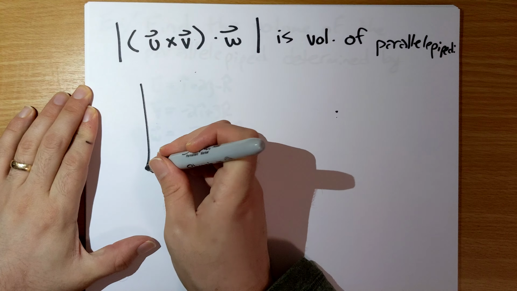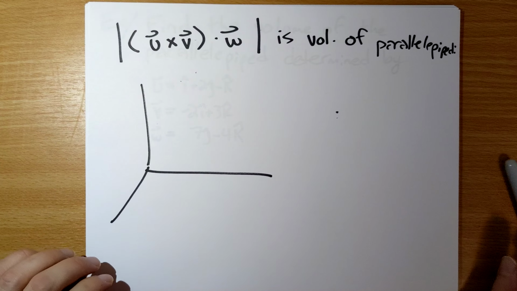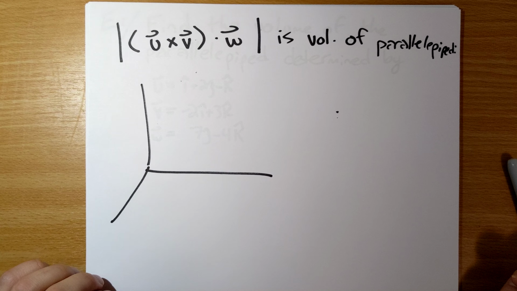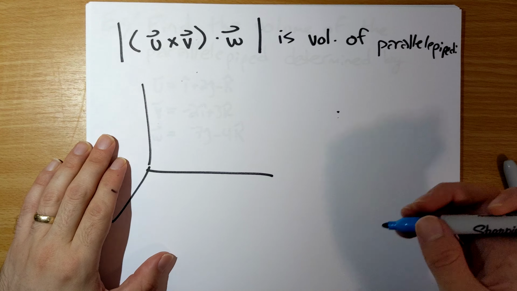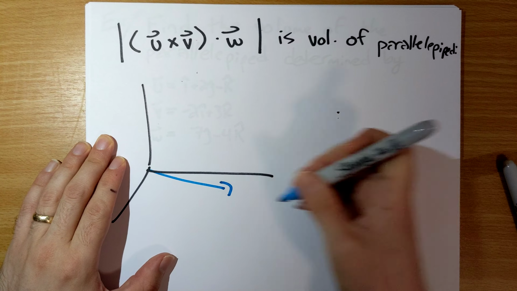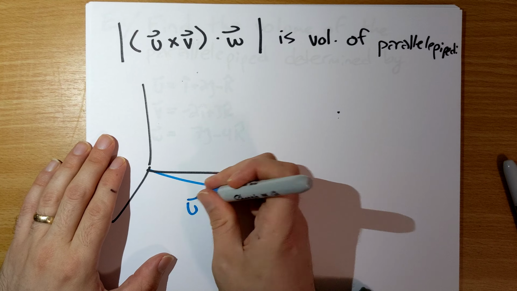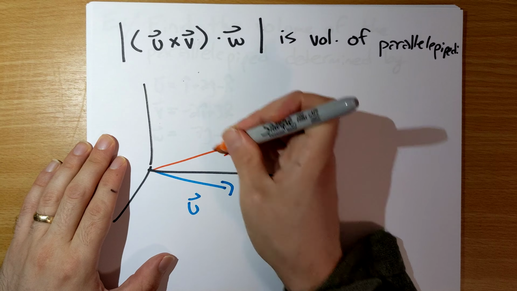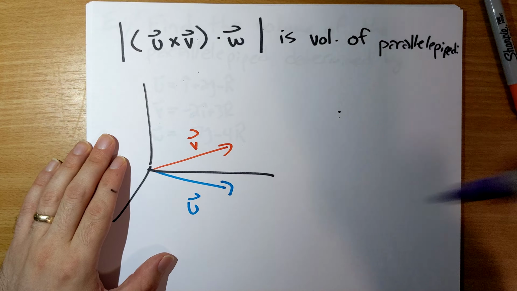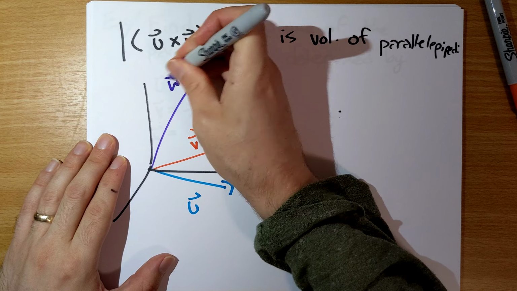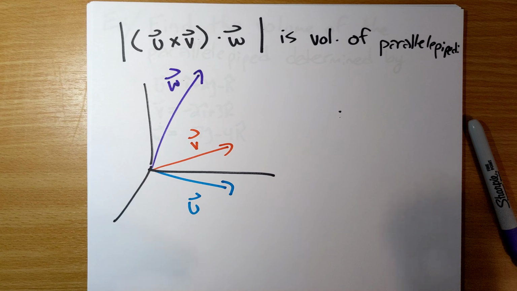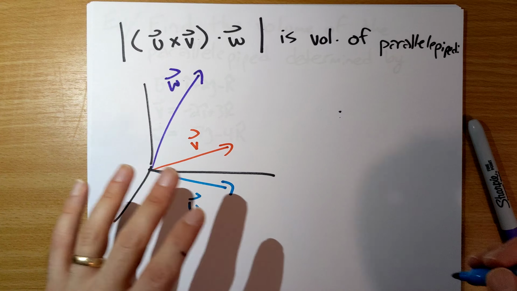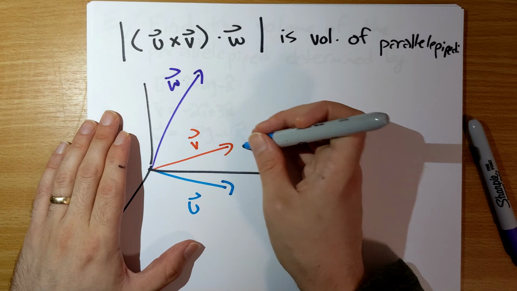And a parallelepiped is the 3D analog of a parallelogram. So I have some vector u here, some vector v here, some vector w here. The idea is, it's like a tilted, a little bit off-kilter prism.